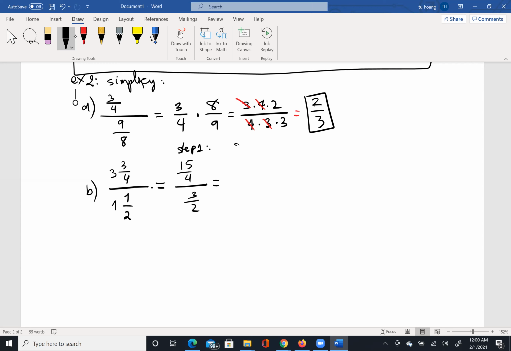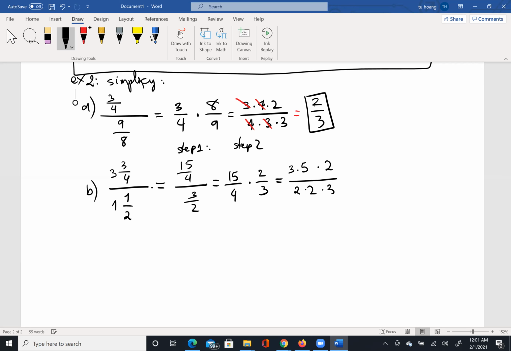So I'm going to move to step 2. In step 2, you're just going to multiply the numerator by the reciprocal of the denominator, which is 2/3, right? And then you're going to factor all the top and bottom. So I have 3 times 5 multiplied by 2, everything divided by 2 times 2 times 3.